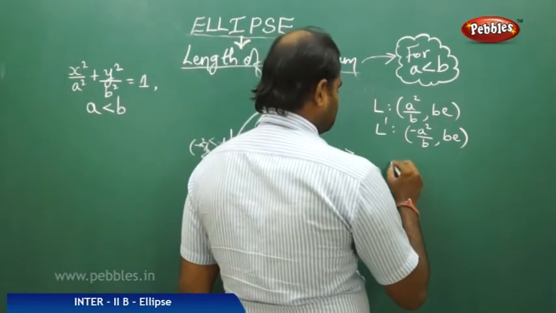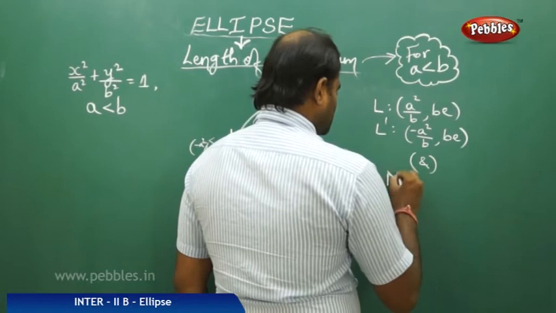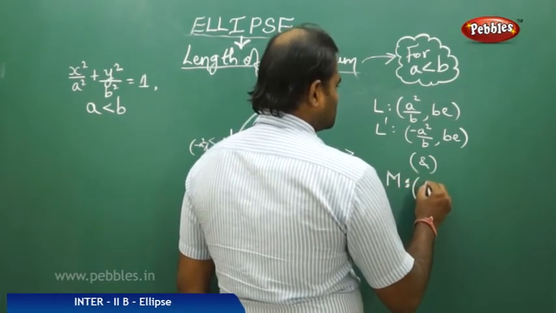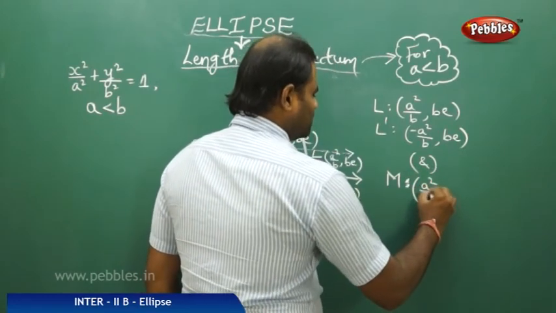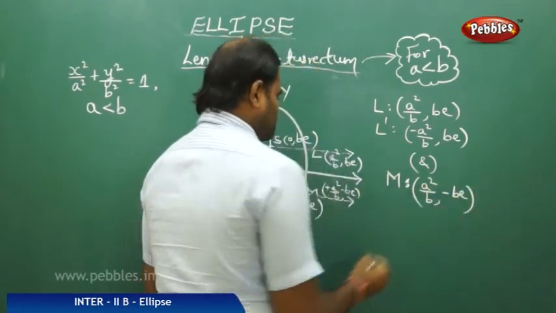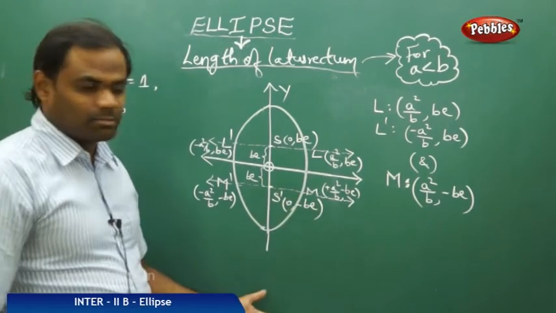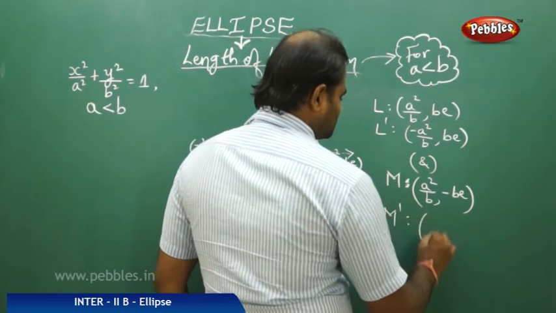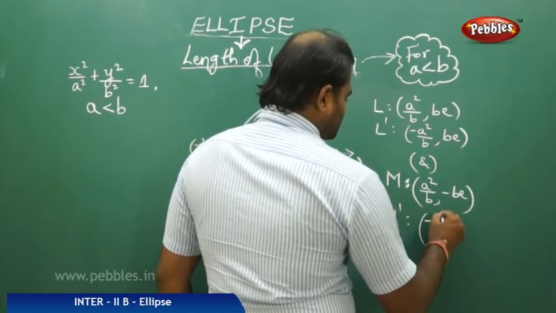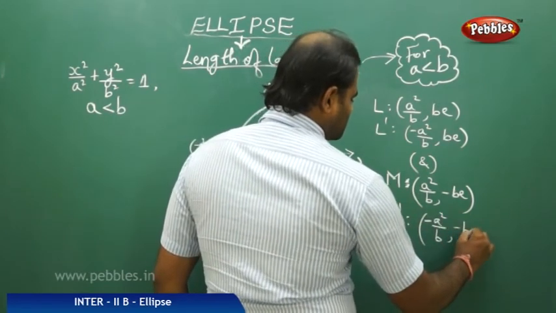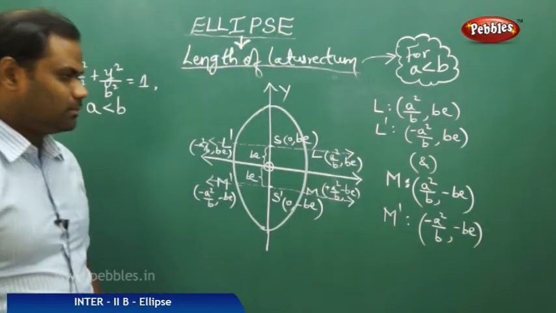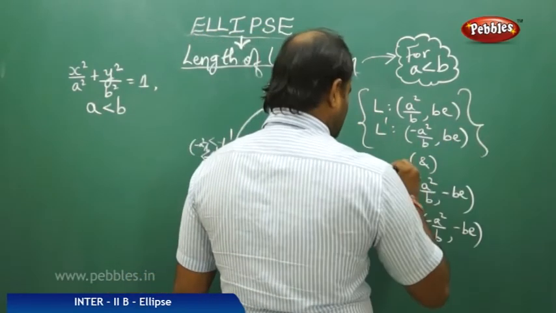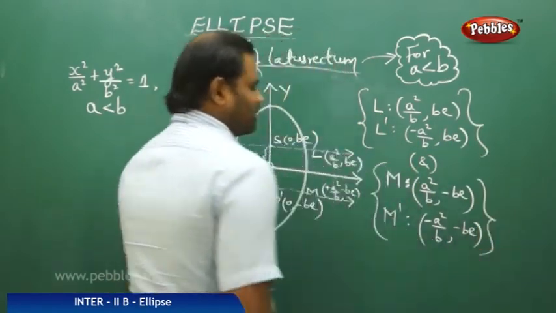And the other extremities are M, which is (a square by b, minus be), because it comes in the negative side of y-axis below origin, and M dash is (minus a square by b, minus be). Is how we identify the two sets of extremities LL dash and MM dash.